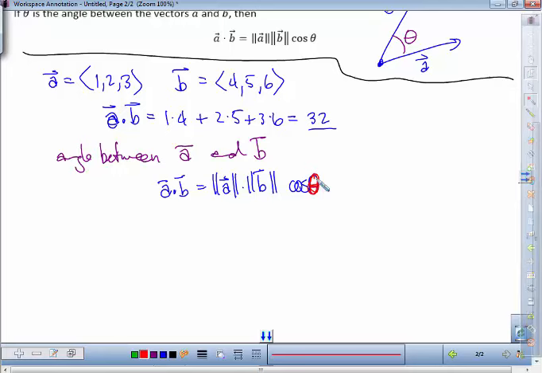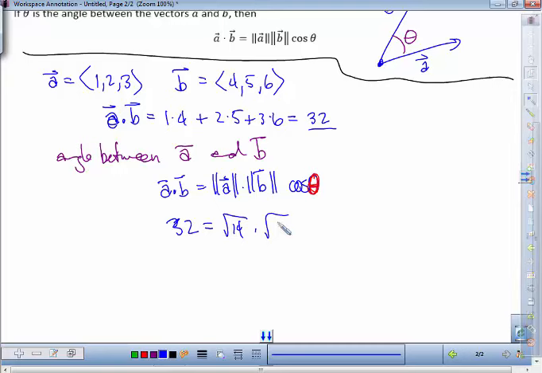And so since we know A and we know B, we can easily take the dot product, we can easily find the magnitude, and then we just solve for theta. So we know that A dot B is 32. We got that from our previous calculations. And then we find the magnitude of A. I think that's 9, 13, 14, square root of 14. Square root of 14. And then B is, now these are bigger numbers, 36, 25, and 16.